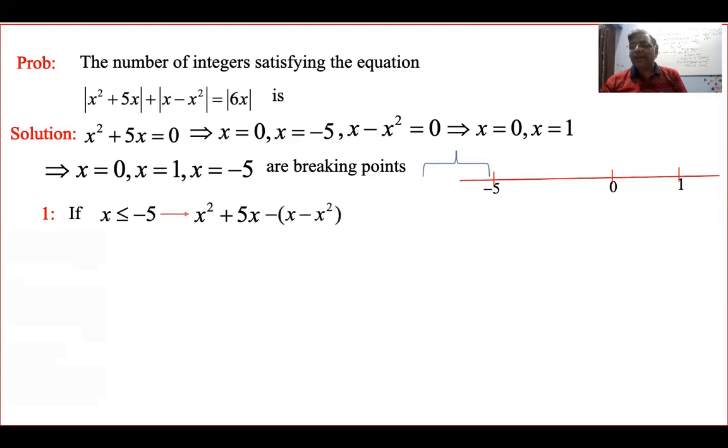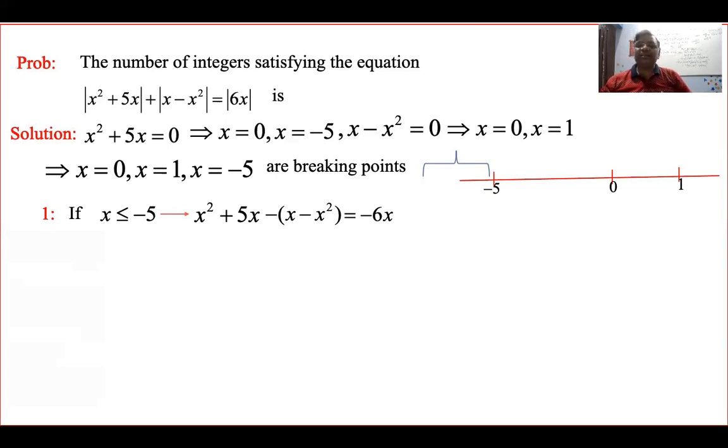And x minus x square will be negative. Therefore, it is minus of x minus x square. And 6x is also negative. Therefore, minus 6x. Definition of modulus: modulus of something is the same thing if that something is positive, minus of the same thing if that something is negative. So that is what I am using now.